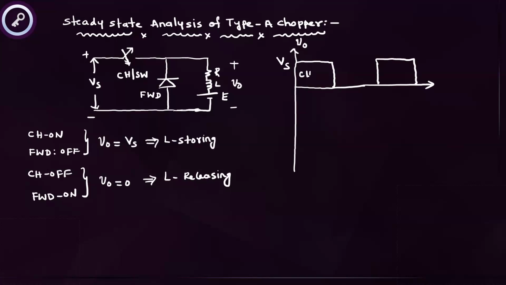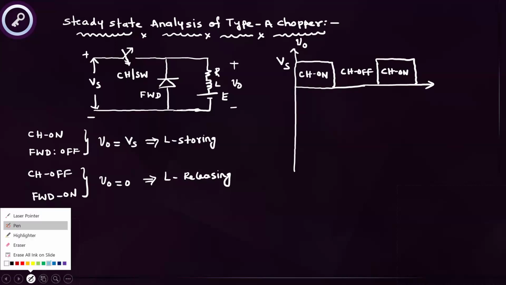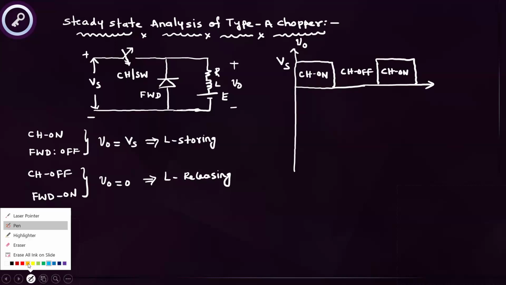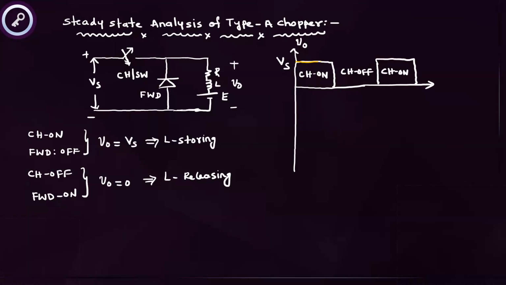This is the chopper on state, this is the chopper off state, again chopper on state. Clear? During the chopper on state, the current changes from minima to maxima. This is the output voltage waveform, but this is applicable only in continuous mode for an RLE load.